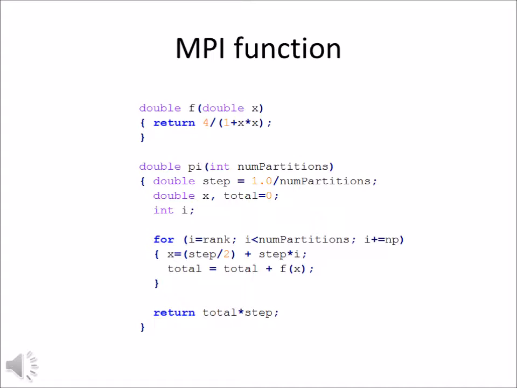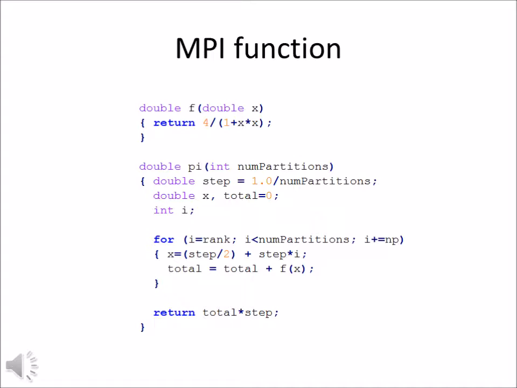So look at the for loop. You see that we're going to start at rank. Rank, if you recall, tells us what process number I am. And then you see that the increment is i plus equals np. That means each time round, I'm going to increment by the number of processes. So I will skip the slices that will be calculated by other processes.